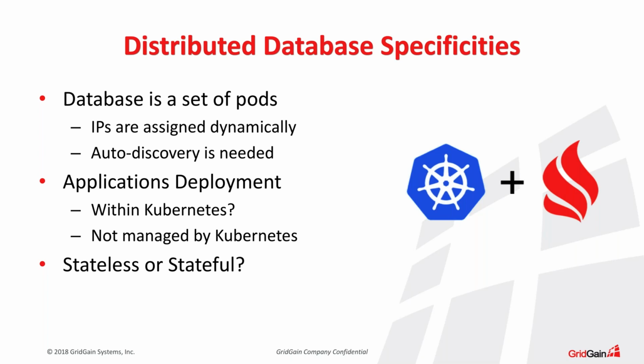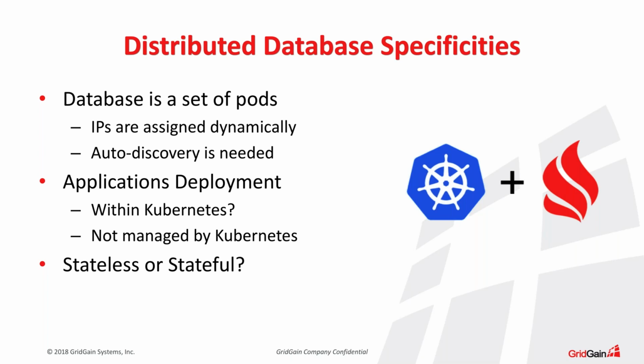So it all means that we need some sort of auto discovery of our database pods within our Kubernetes deployment. Also, if you deploy, let's say, a relational database such as MySQL or PostgreSQL within Kubernetes, it doesn't really matter whether the application that is going to work with that database is deployed in or outside of Kubernetes.